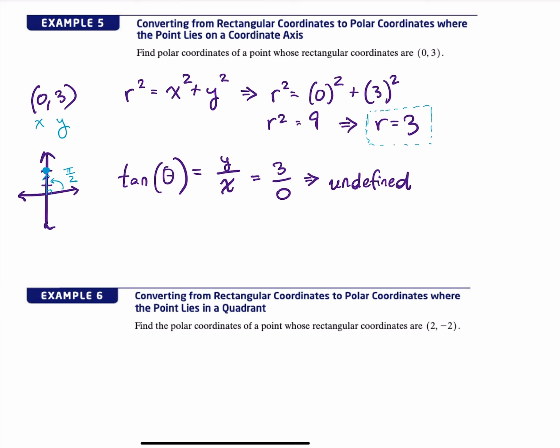So that means that theta must equal pi over 2. So our coordinate point in polar coordinates would be (3, pi over 2). R value of 3, so a radius of 3 and an angle of pi over 2, or 90 degrees.